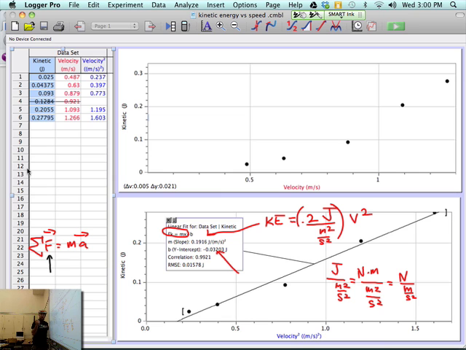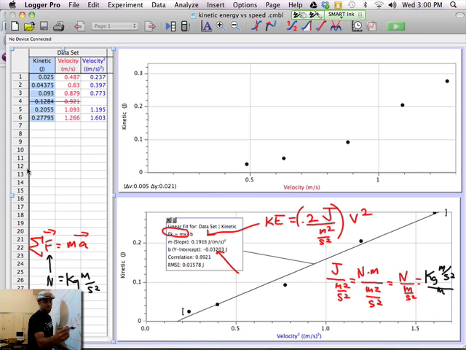Force is measured in what? Mass is measured in what? Acceleration is measured in? Good. All right. So I'm going to plug in for Newton. What do I plug in? kg? Help me.